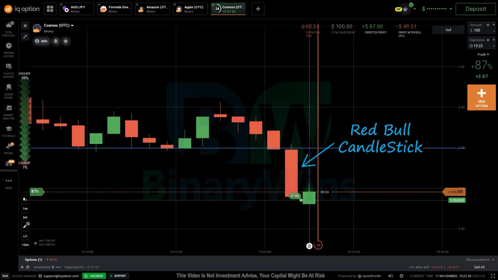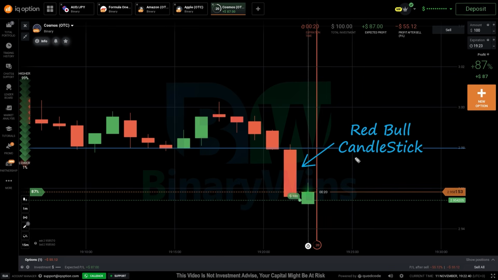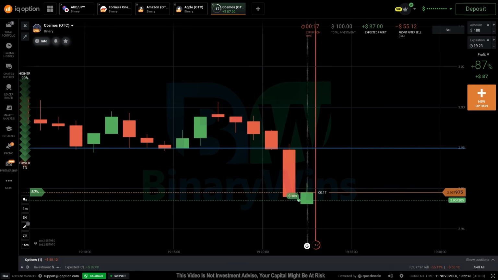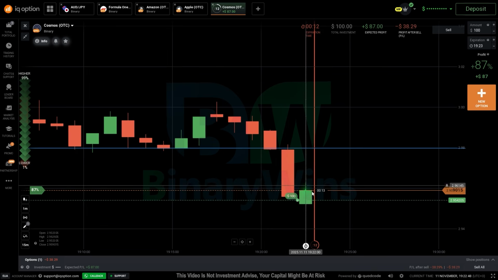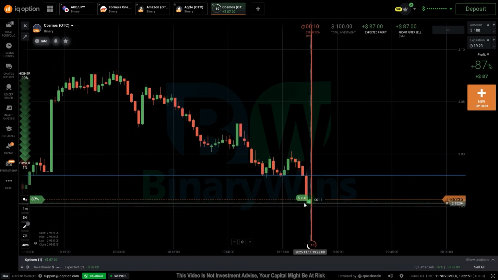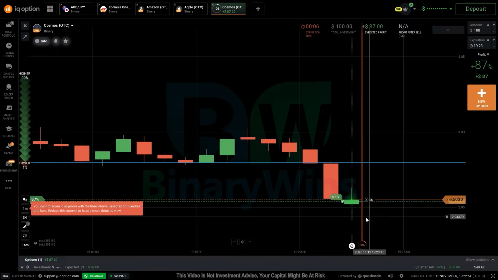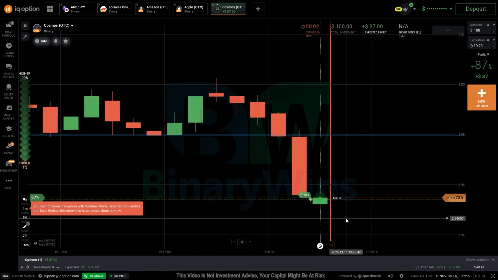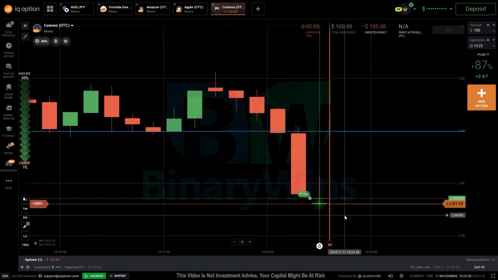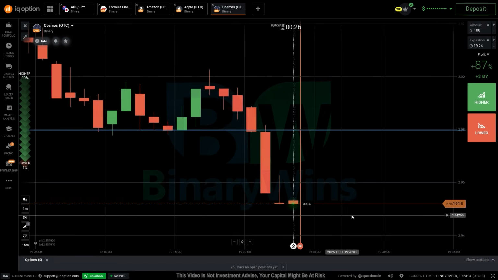Red Bull candle. I entered the higher trade because the Red Bull candle formed on the level. It's okay. My entry point was not good.